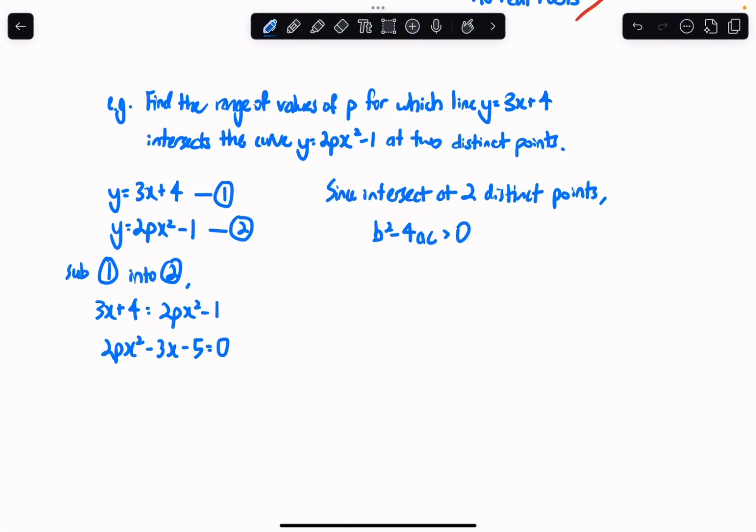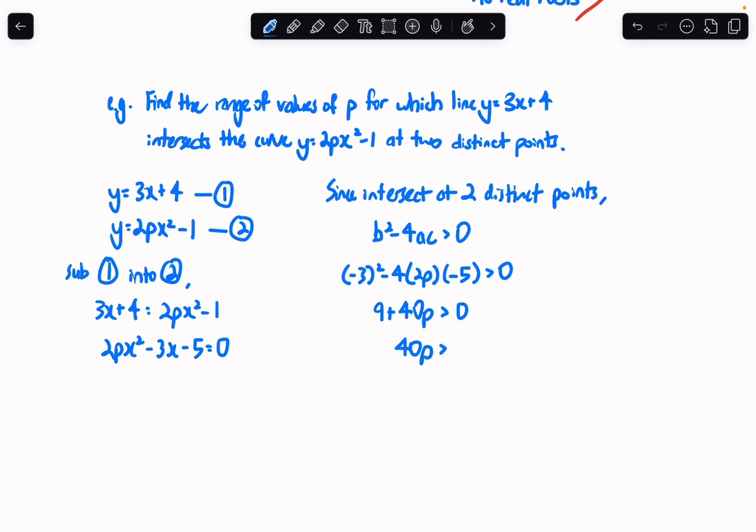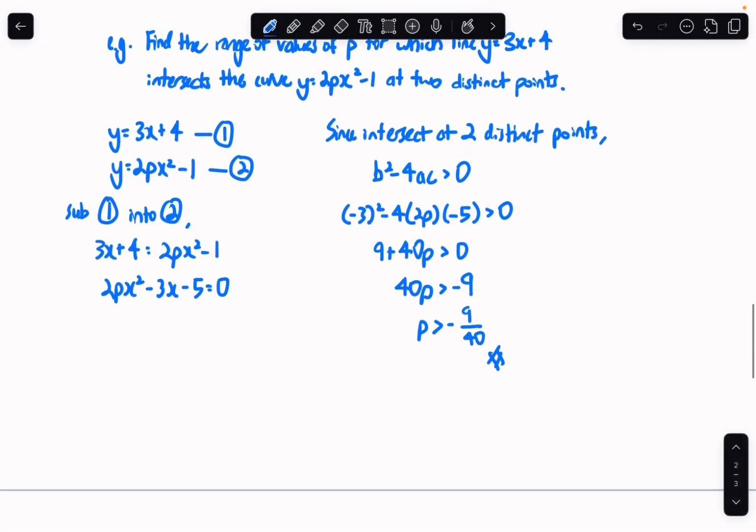So b squared is 9 plus 4 times 5 times 2p, which gives 9 plus 40p. P is more than negative 9 over 40. Yep, and then we are done.